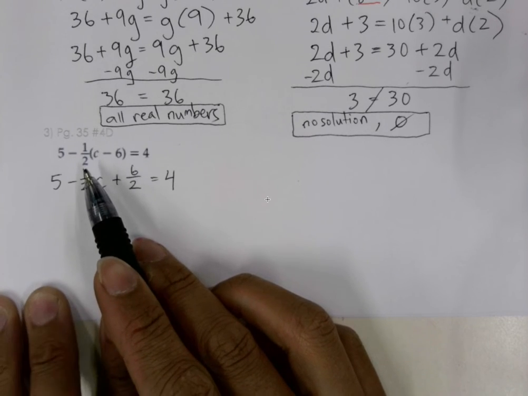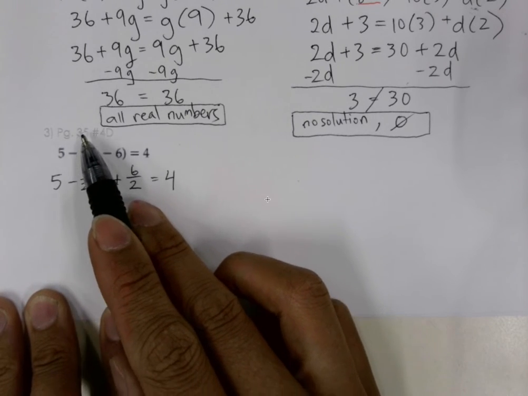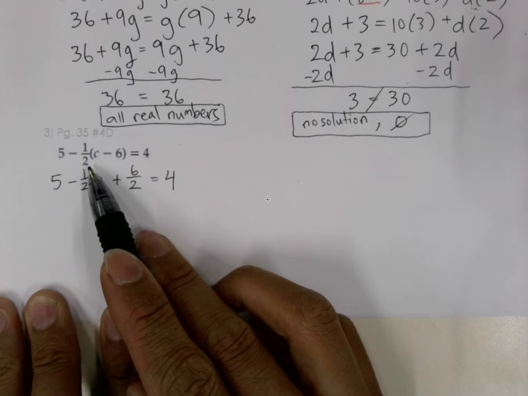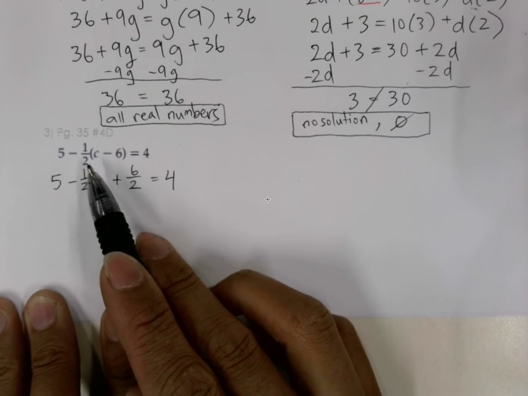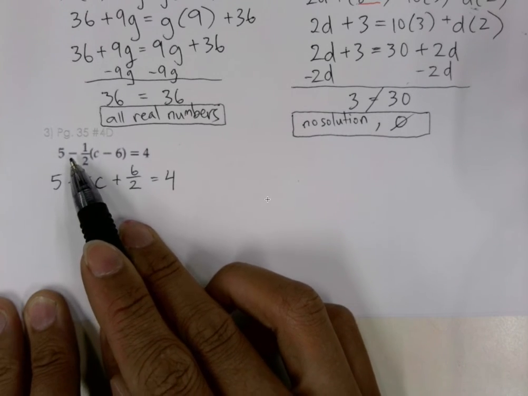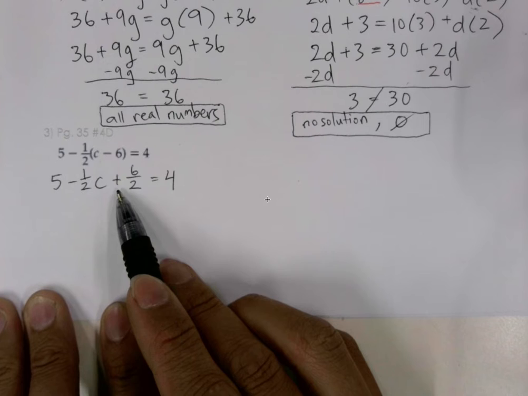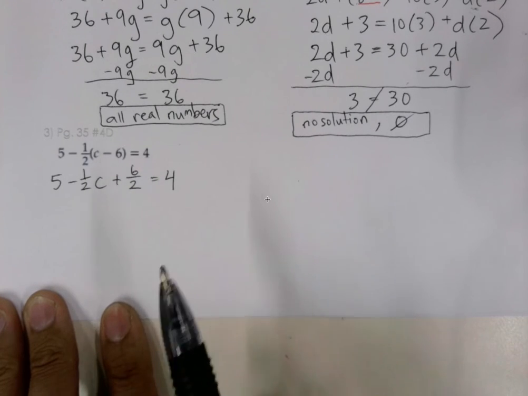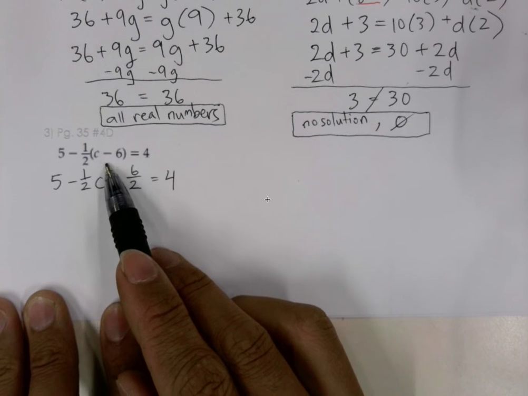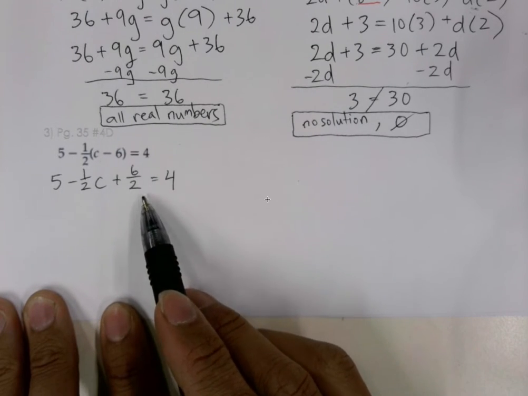You need to remember that we are distributing out the negative 1/2, not 1/2. So negative times a positive is negative 1/2 c, and negative times a negative is positive 6 over 2. I'm sorry, negative 1/2 times negative 6 is positive 6 over 2.